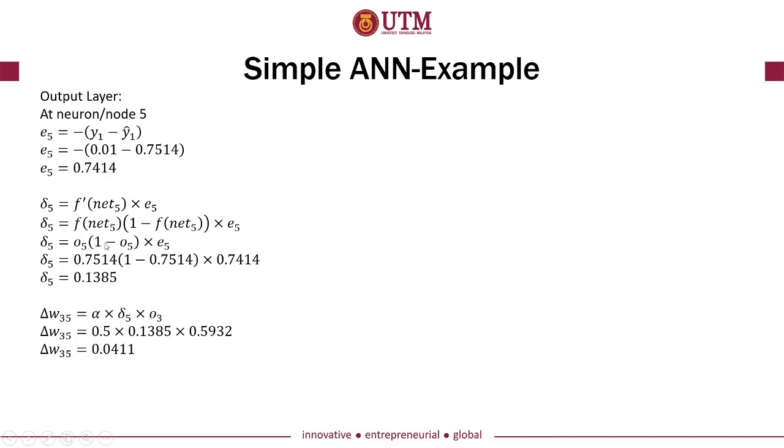If you talk about neuron 5, the value for O5 comes from the first question when you calculated.